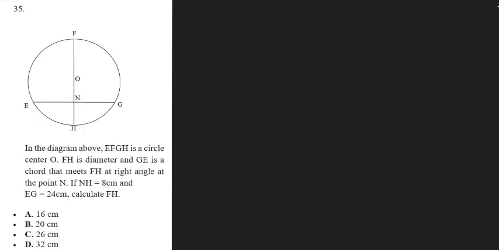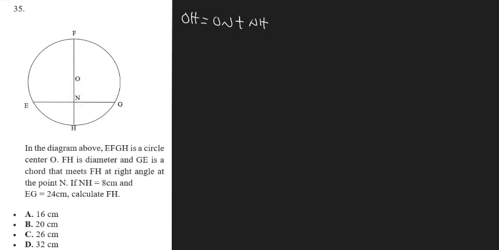So we can say OH is equal to ON plus NH. If you add ON here plus NH, it will give you the distance from O to H, right?